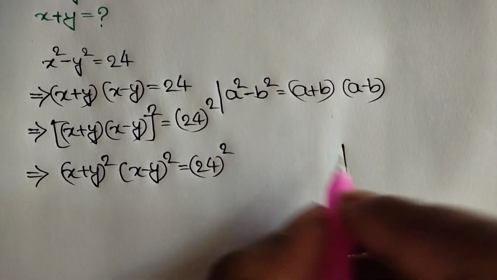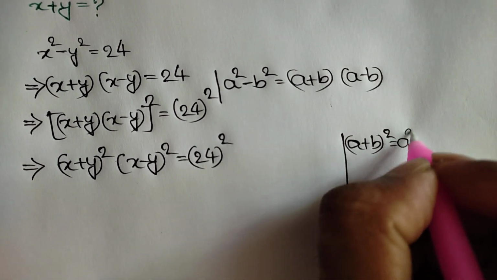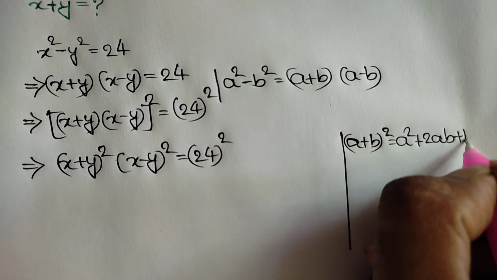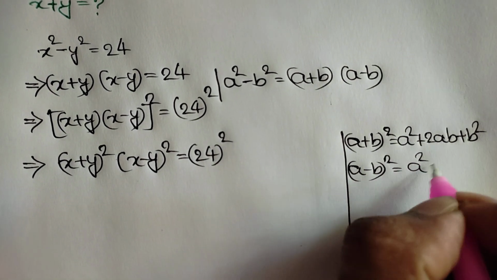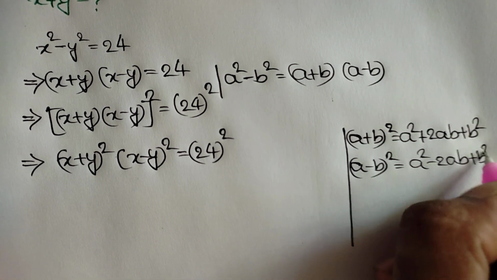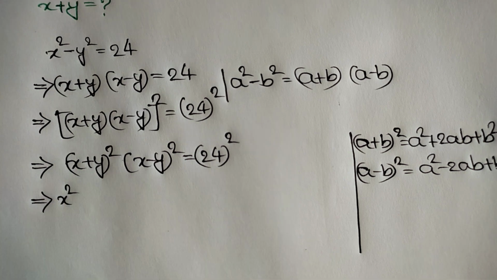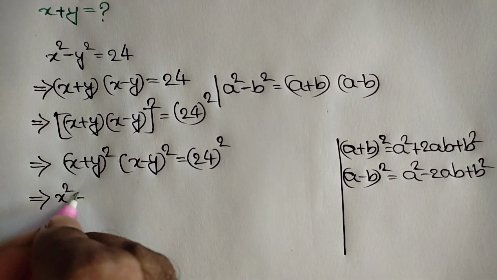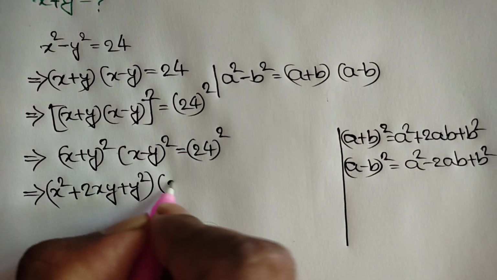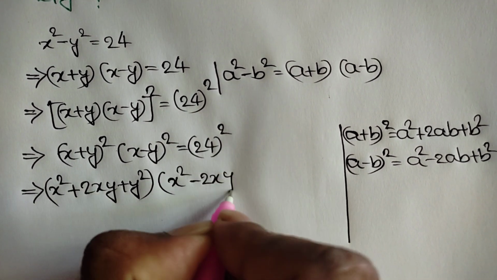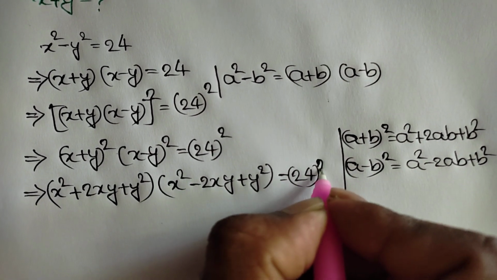Now we know a plus b whole square is equal to a square plus twice ab plus b square, and a minus b whole square is equal to a square minus twice ab plus b square. So apply this rule here. We can write x square plus twice xy plus y square times x square minus twice xy plus y square is equal to 24 square.